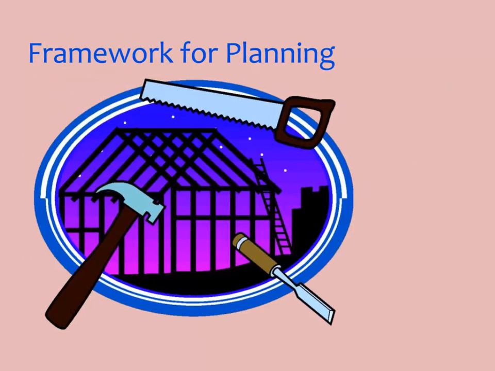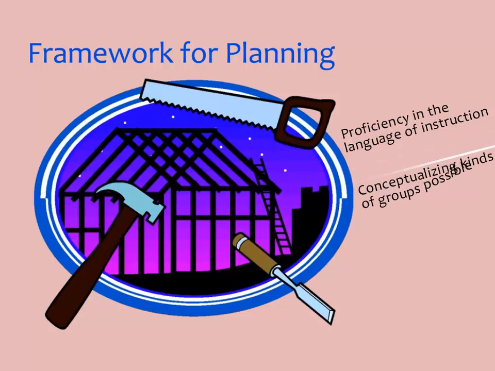We need a framework for planning to make sure bilingual learners can access the content curriculum and the language needed to demonstrate their knowledge. Planning should take into account all students' proficiency in the language of instruction. The organizational framework presented in this module is not a program model or a schedule. Rather, it is a way of conceptualizing the kinds of groups that are possible in a multilingual environment.